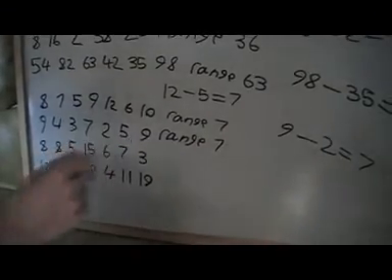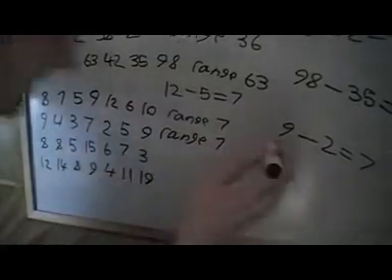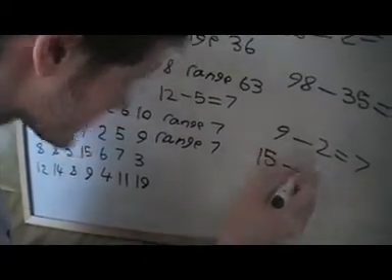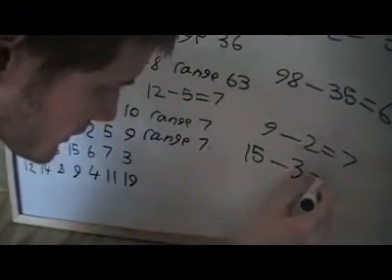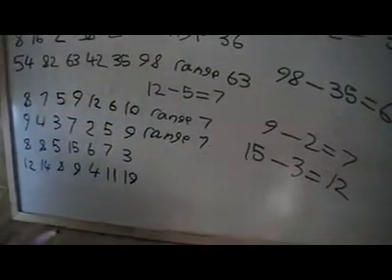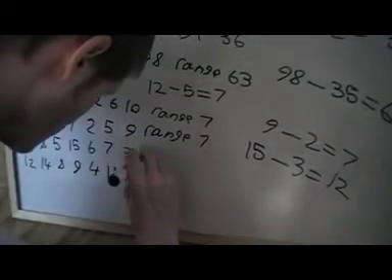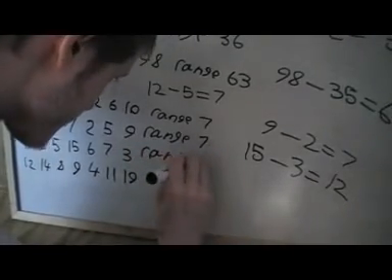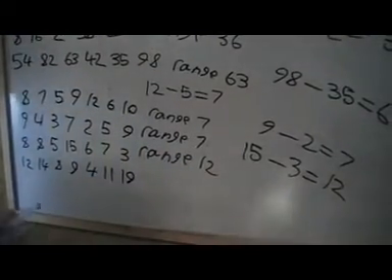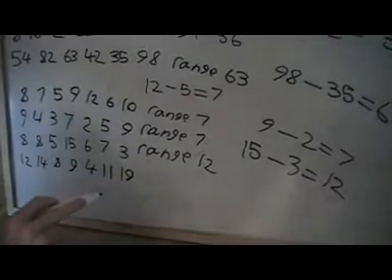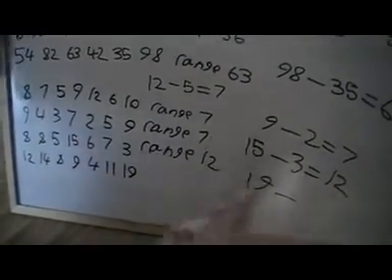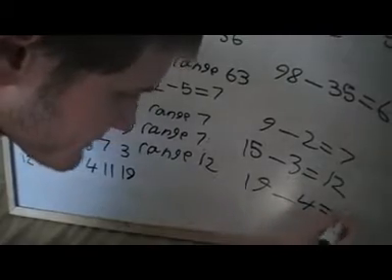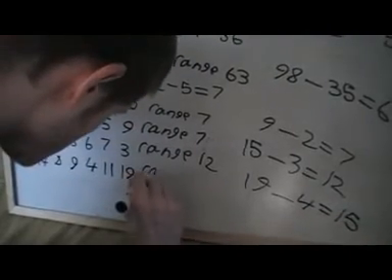For the next one here, I've got 15, which is the biggest, and then the smallest one's 3, so I do 15 minus 3 and get my range as 12. And then the last one here, I've got 19, and then the smallest one's a 4, so I get my range 15.